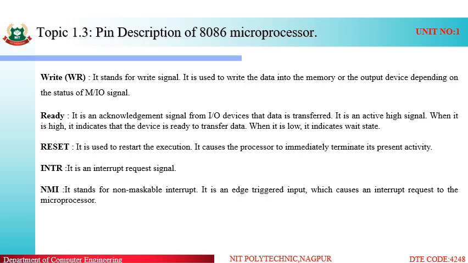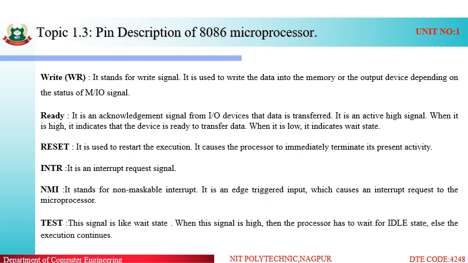That means we cannot make a non-maskable interrupt wait for some time. But maskable interrupts can be made to wait for some time to reach their destination. So the NMI pin stands for non-maskable interrupt.